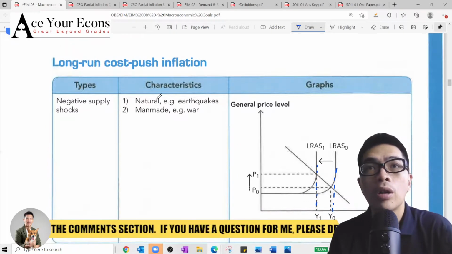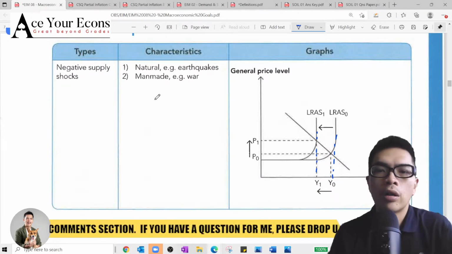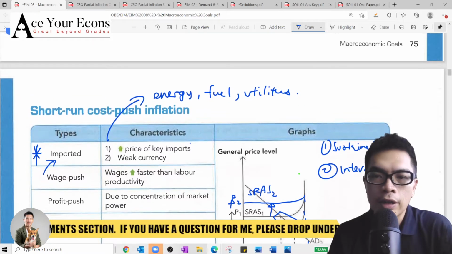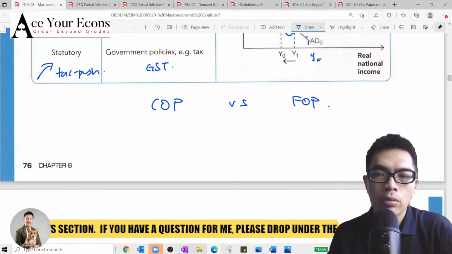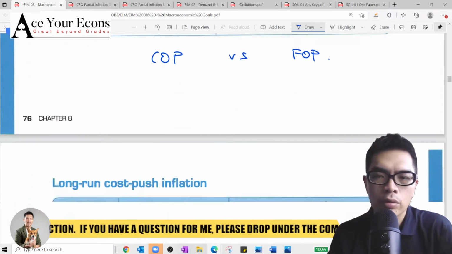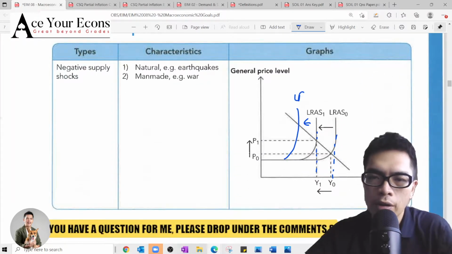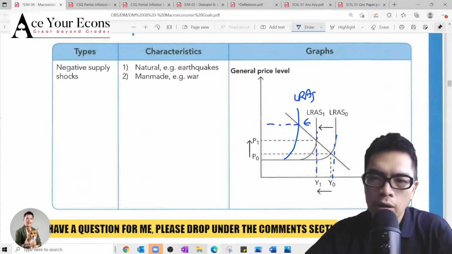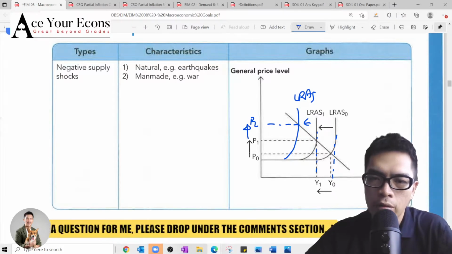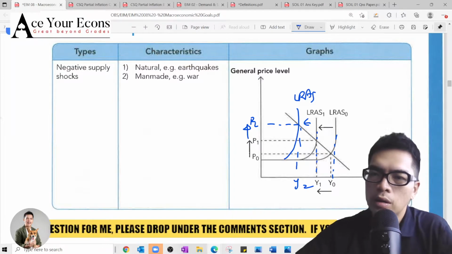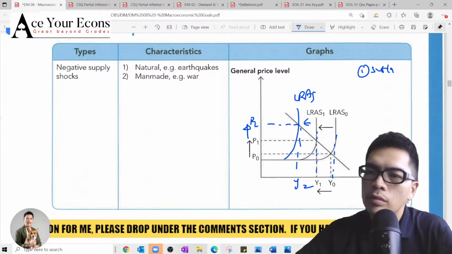I'm going to move on to the long run. For the long run, likewise, it has to satisfy the earlier criteria of these two. It has to be sustained. Make sure you shift your LRAS curve twice and show that there's an increase in your general price level. Sustained.